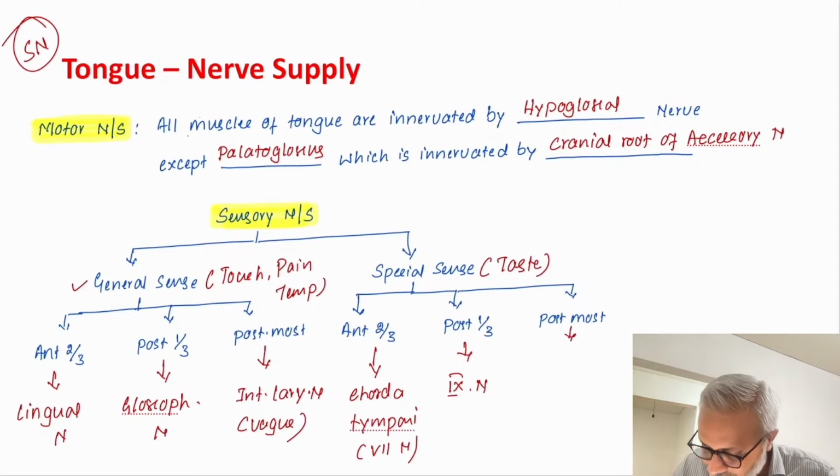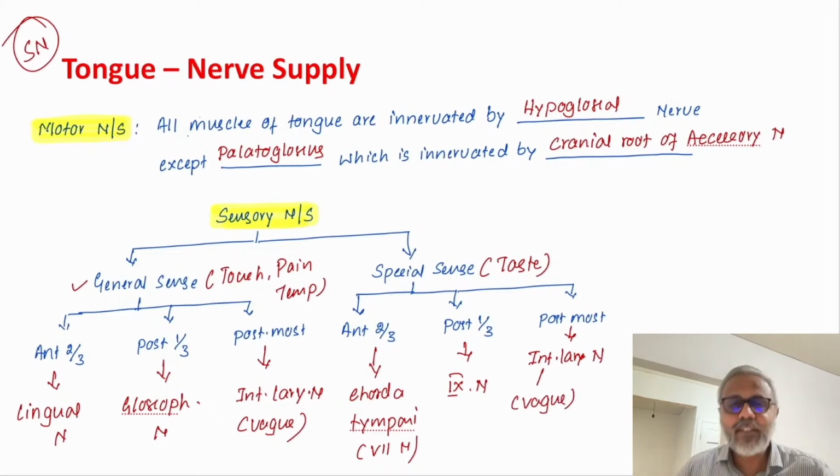Posterior most part, what do we have? We have the internal laryngeal nerve, right? And remember, this is a branch of which nerve? Vagus.